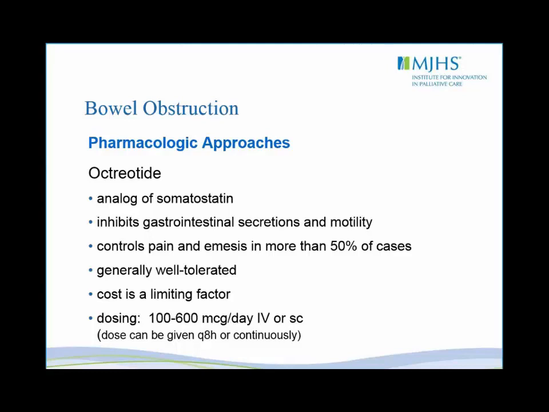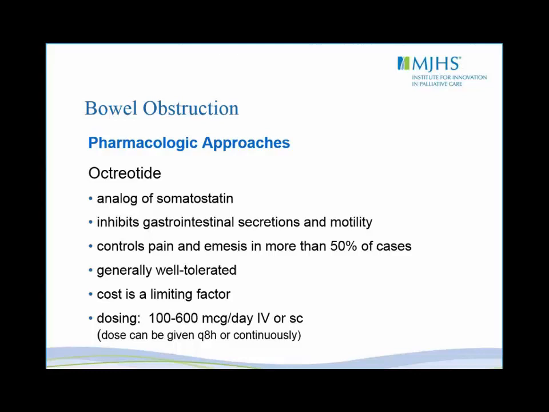So it's an analog of somatostatin. It has 3 different roles, therefore it can be used for multiple things. It can be used in GI bleeding, if you have nausea and vomiting associated with GI bleeding, but also it decreases the secretion as well as the motility of the gut, which are the 2 principles involved in causing this nausea and vomiting.